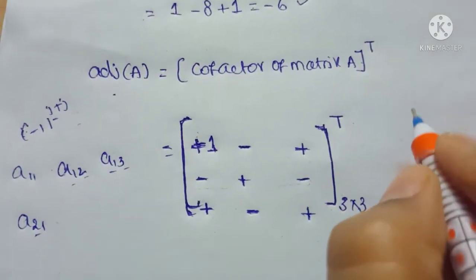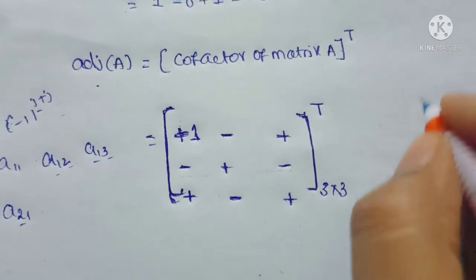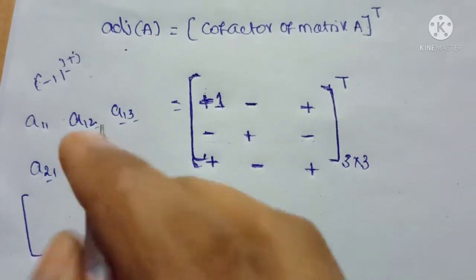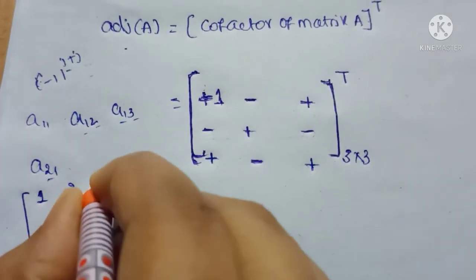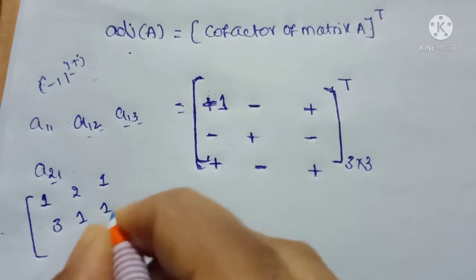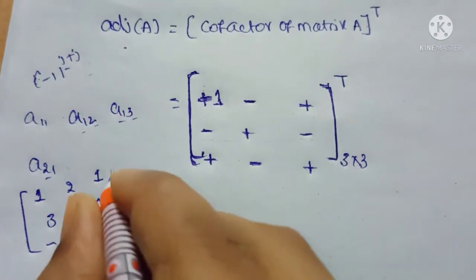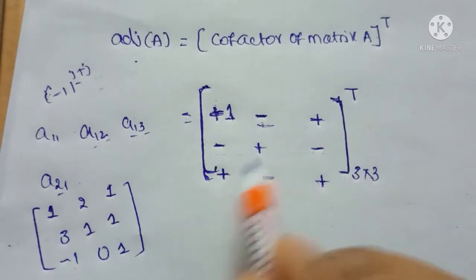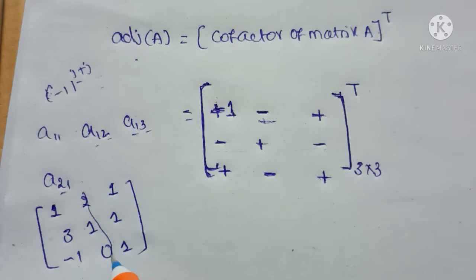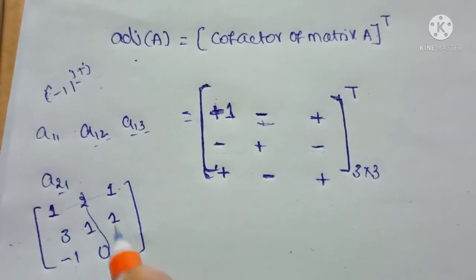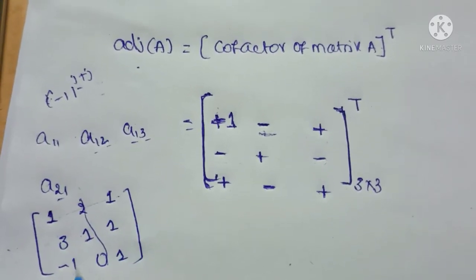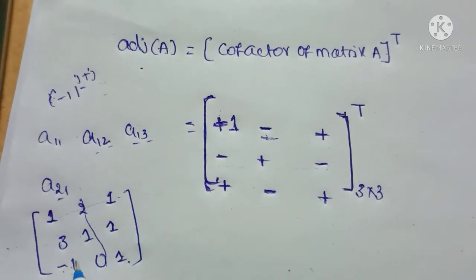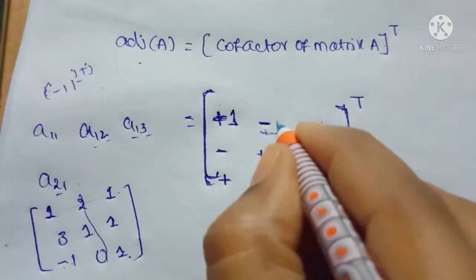Wait a minute, I will write the matrix here: 1 2 1, 3 1 1, minus 1 0 1. For this position, to get the minor, you close this row and column, then we get 4 elements and find AD minus BC. 3 into 1 is 3, minus, minus, plus 1 into 1, so 3 plus 1 gives 4.